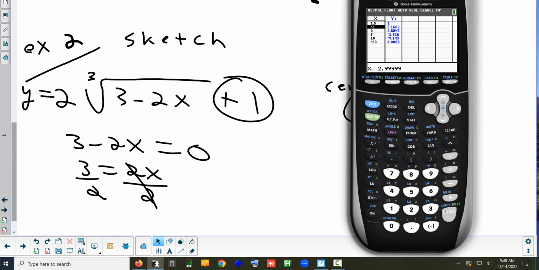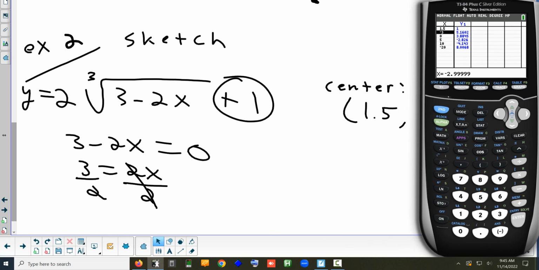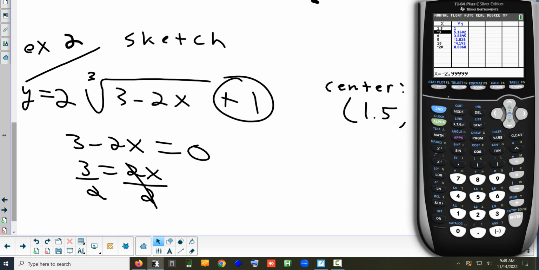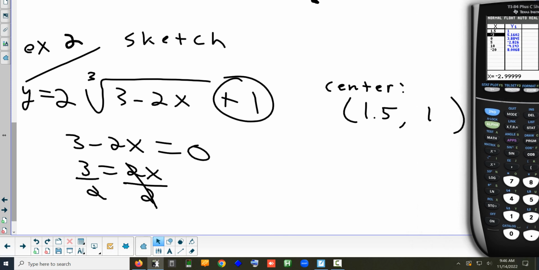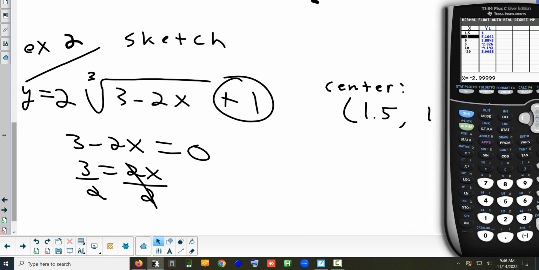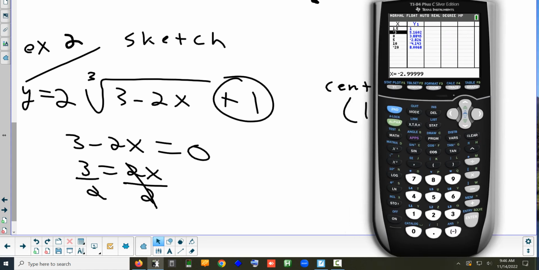Now, this is an odd root, so this is a center point. You need points on each side. I would say maybe 3 on each side. And when I say side, I mean to the left of the center and to the right of the center. So let's start with 3 numbers smaller than 1.5. 0 is good. I would say -4, -8.